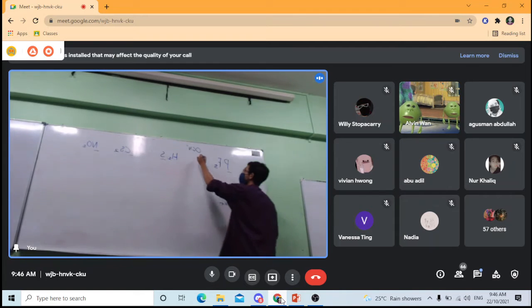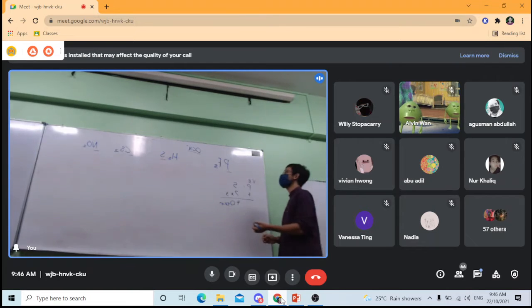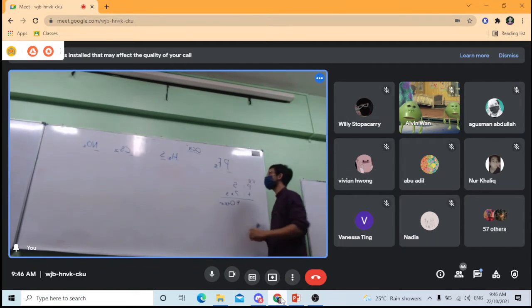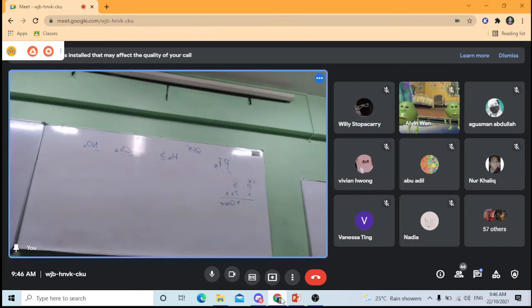So you pick which one, and then to ensure that center atom betul, you kira dia punya formal charge. Okay, remember kita kira formal charge is based on valence electron, minus bonding, and minus half of the lone pairs.